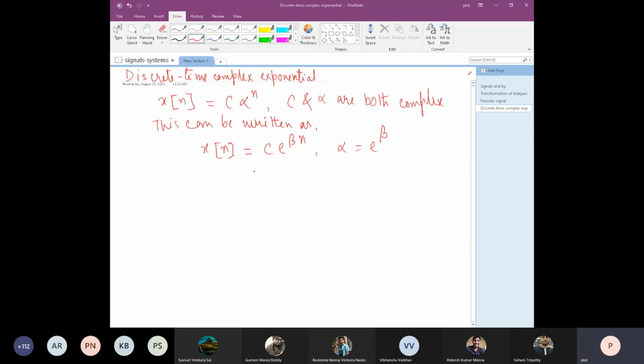So now if we take a simple positive exponential, just like the continuous case we have seen, the behavior is similar.